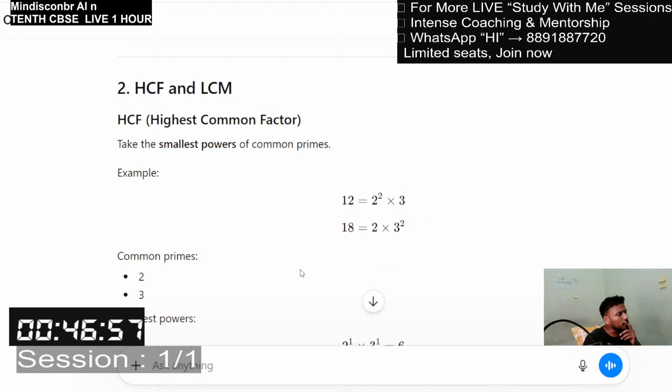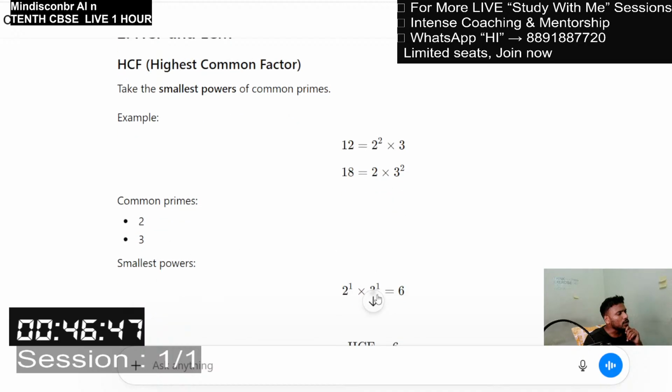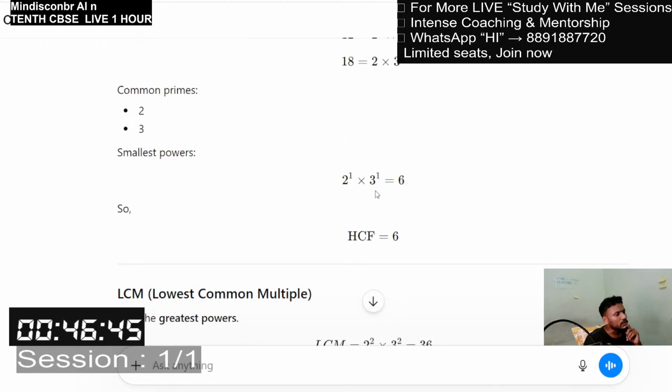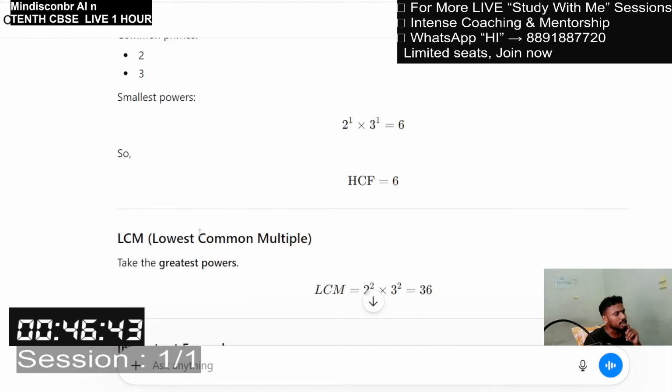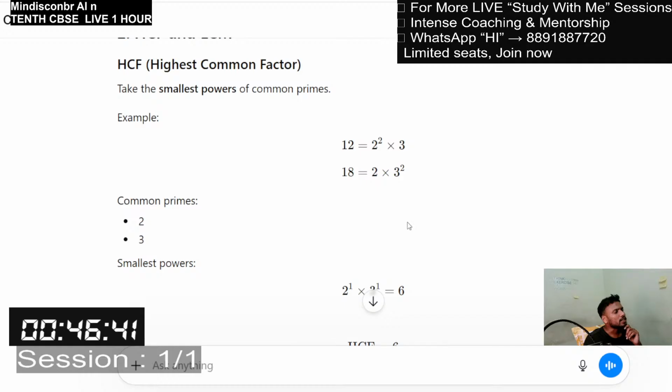The common primes here are 2 and 3. Smallest powers: 2 raised to 1 into 3 raised to 1, that is 6. Hence HCF is equal to 6.